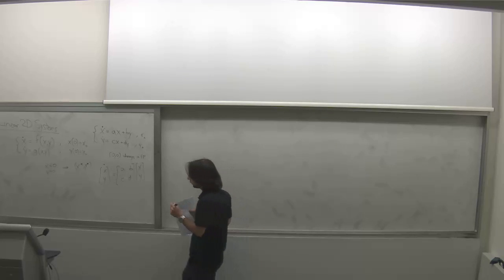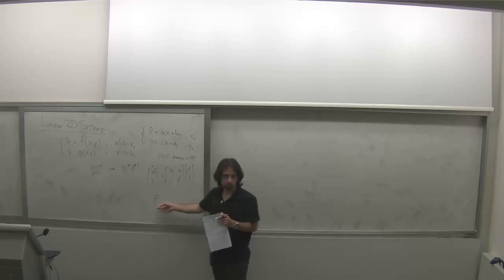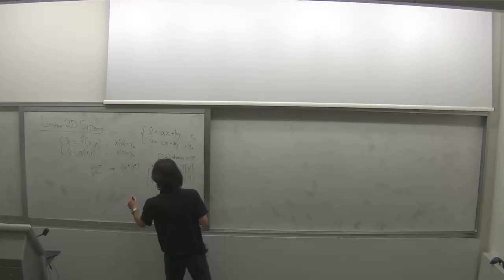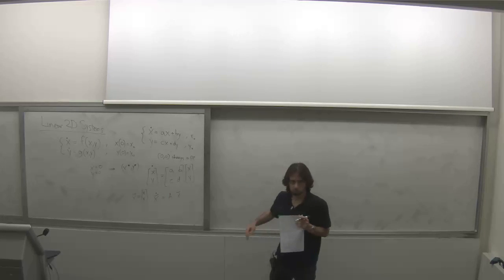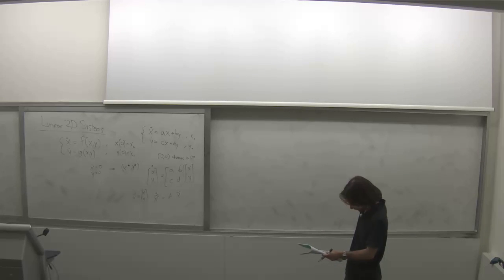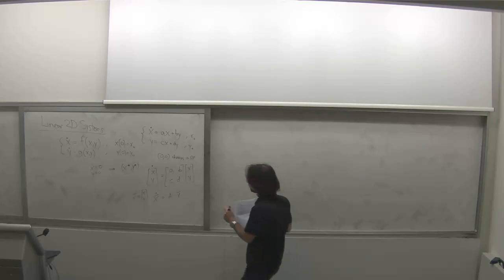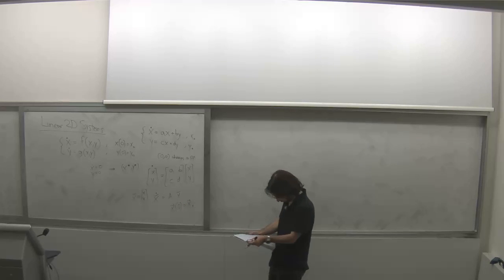An alternative way to write this would be to write the vector x, defined as (x, y). So the vector x dot is equal to A times the vector x. This is the matrix form. Then we would have our initial condition, the vector x at 0 is equal to some vector x0.